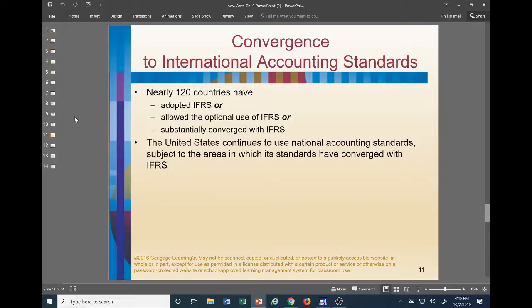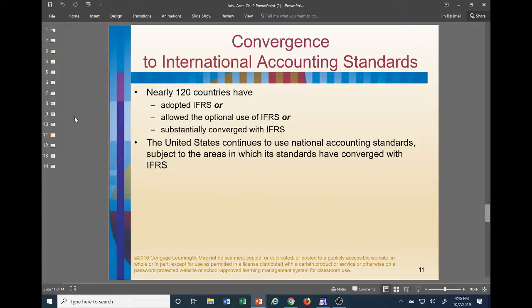Now, convergence to international accounting standards. The factors that have influenced the development of accounting standards within nations continue to exist, and there is a recognized need to move toward a single set of international accounting standards.